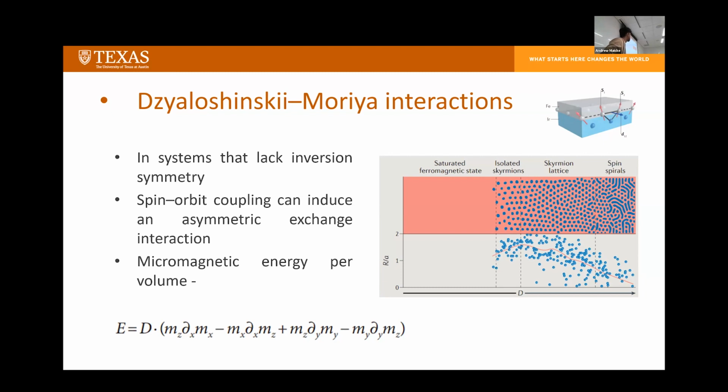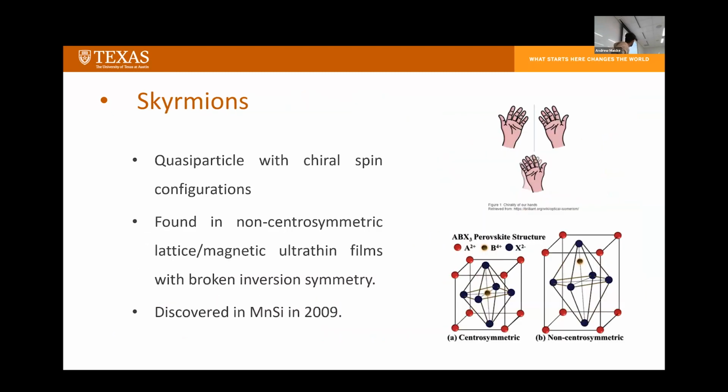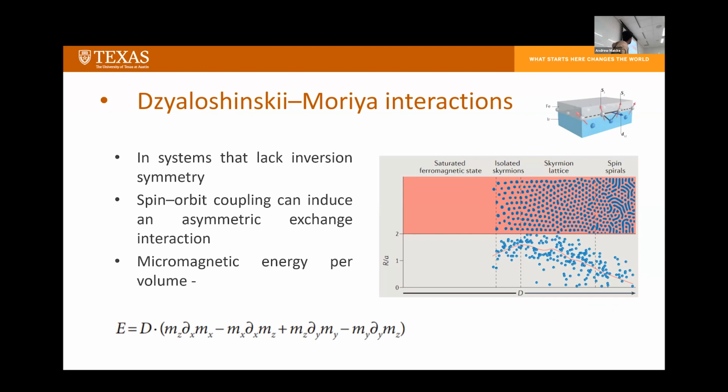It's found in materials with high spin orbit coupling, and this enables an asymmetric exchange interaction, meaning the spins can be inclined at an angle to each other instead of being parallel or anti-parallel. The micromagnetic energy is given by the equation below, where D is called the DM factor. So the higher the D, the higher the DMI interaction.